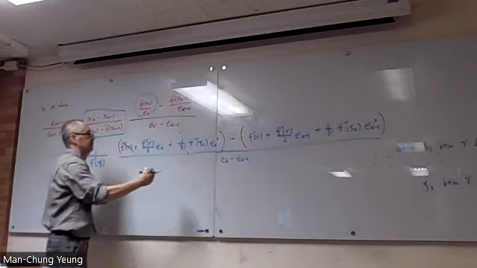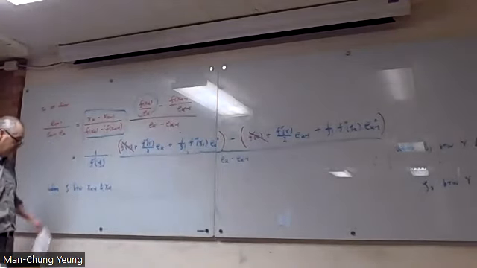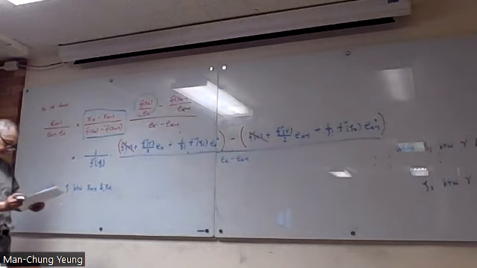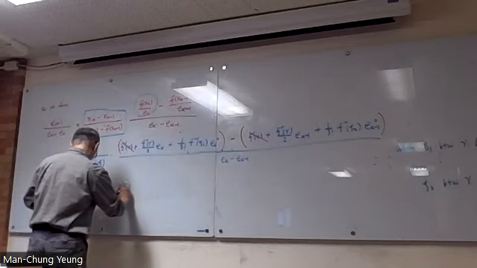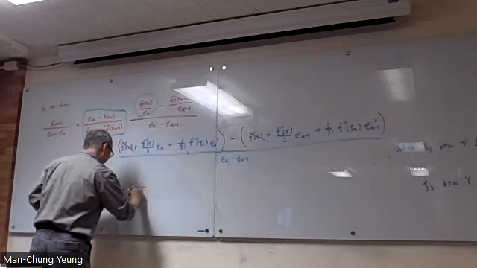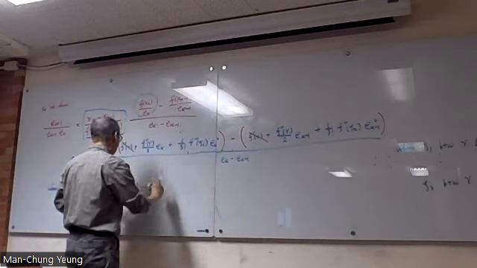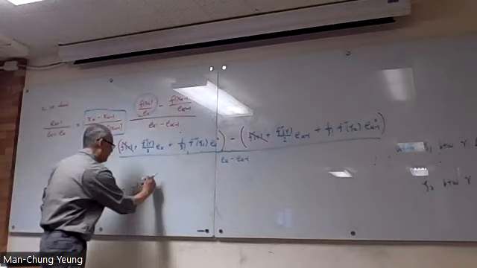Then I can write this as 1 over f at xi.